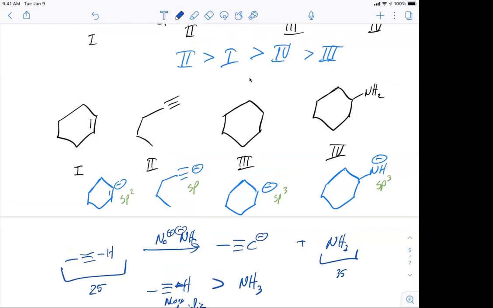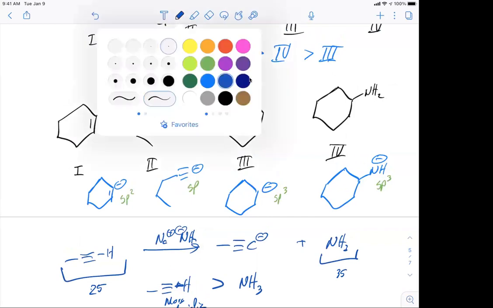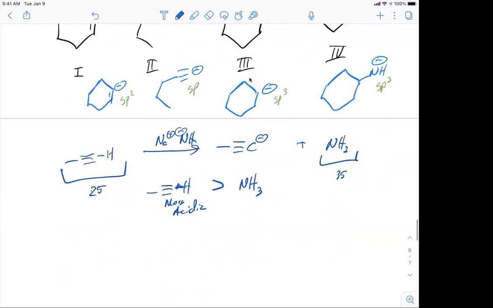So therefore, if we're looking at this, it's pretty straightforward to think about the fact that the sp3 is going to be the lowest, and then we have the sp2, right? But then the problem becomes that it's actually the sp carbon hydrogen that's more acidic than the nitrogen.